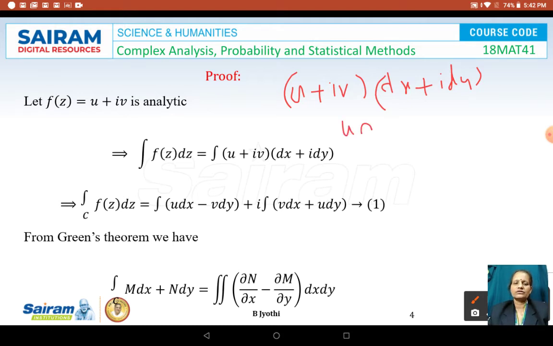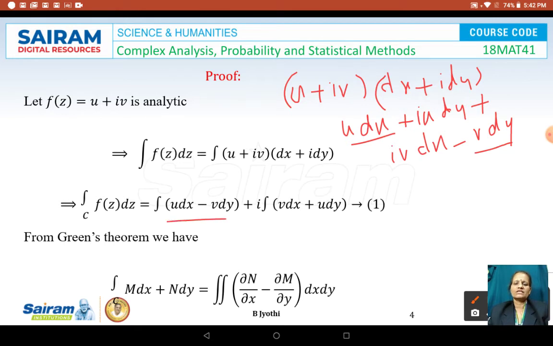That is u dx plus i u dy plus i v dx minus v dy. So this is the real part, u dx minus v dy, and the imaginary part is separated, that is v dx and u dy. Let us call this equation number 1.